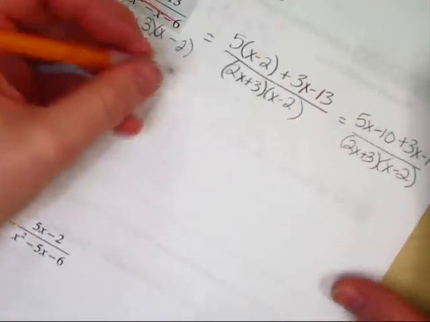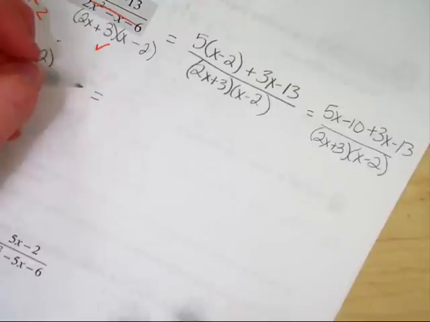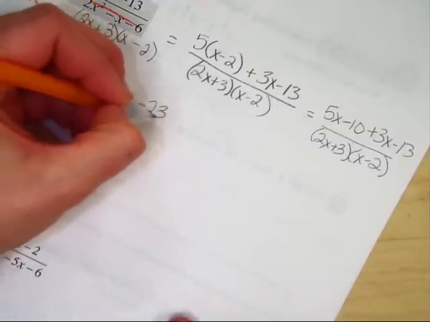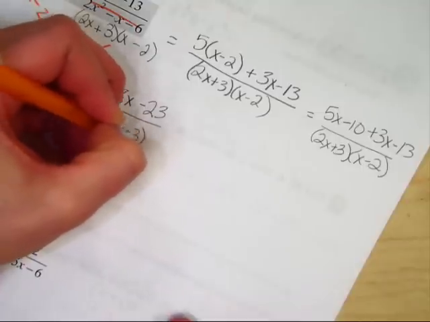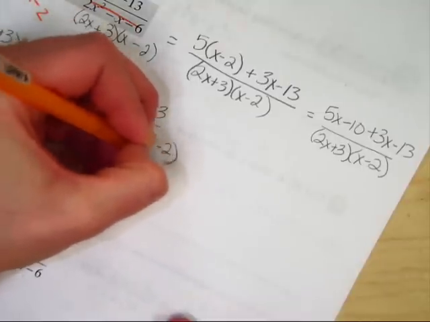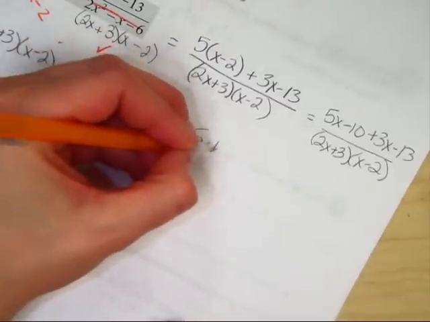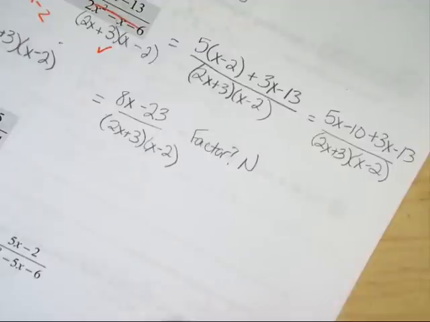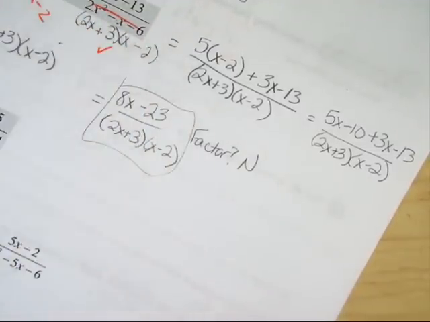I'm going to combine my like terms and get 8x minus 23, which is kind of nice because it doesn't factor, over my common denominator. Because it does not factor, I put an N there for no. I leave it alone, and it is what it is.